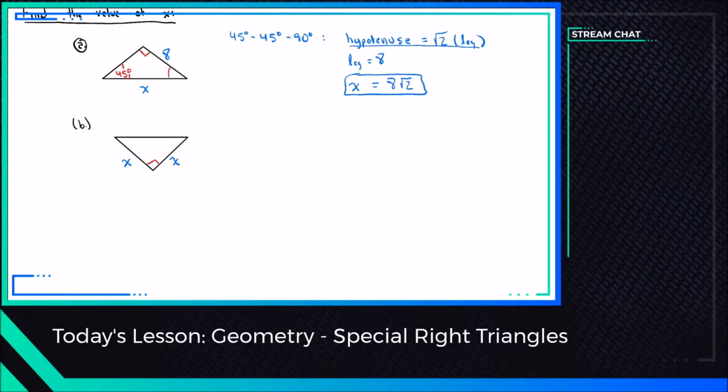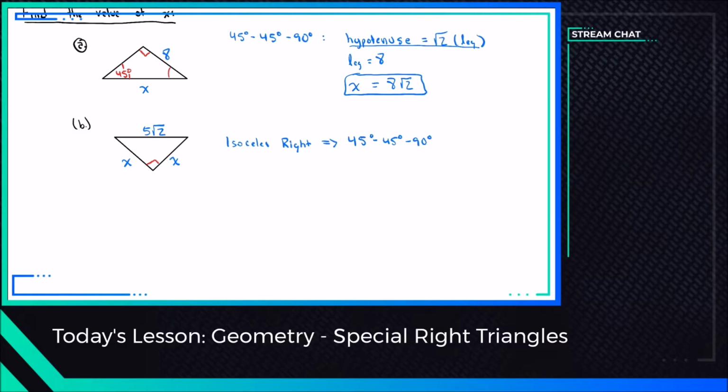And since it's an isosceles right triangle, it must be a 45, 45, 90 right triangle. And because of that, we know that the hypotenuse, which has a length of 5 times the square root of 2, we can solve for x based off of that information.